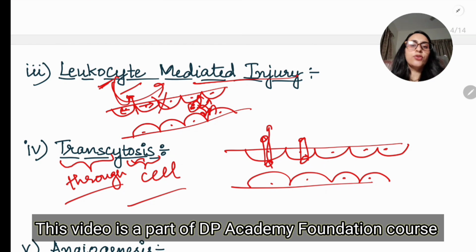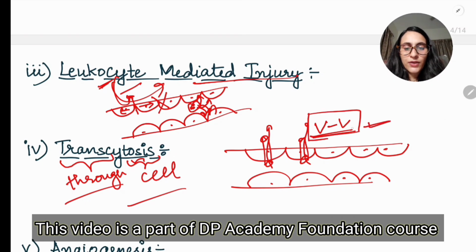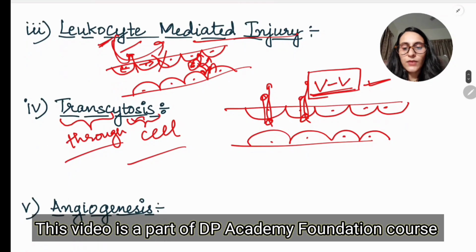So this is known as transcytosis. It goes through the cell by a tunnel formation of VV organelles. These are vesiculovacuolar organelles. By the formation of these tunnels, the WBCs and plasma proteins pass through. And the mediators over here are histamine and VEGF.